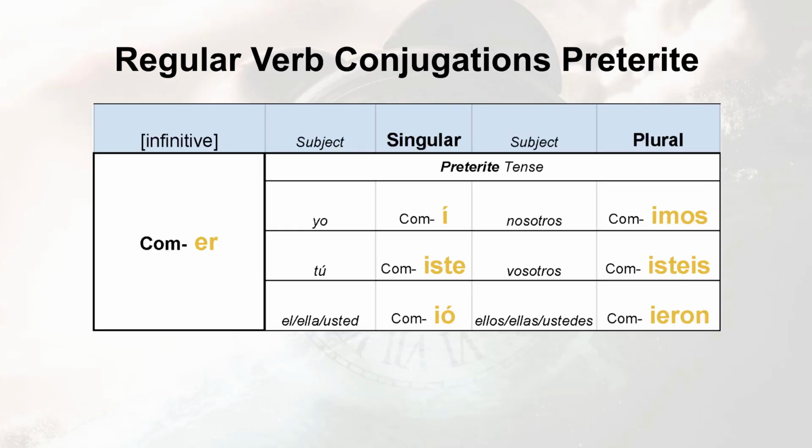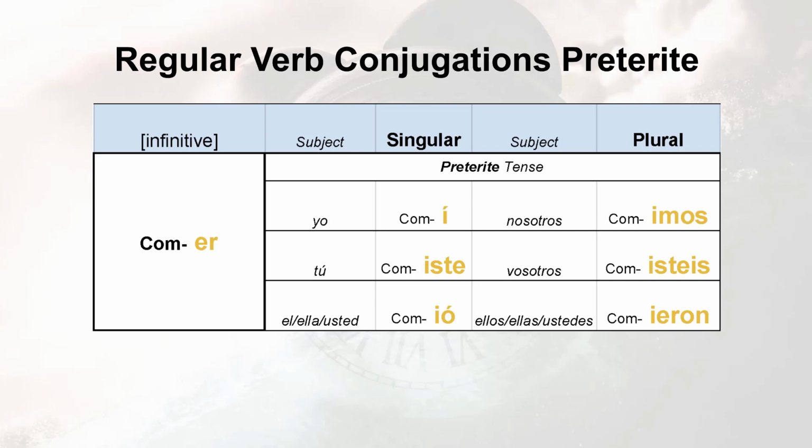Just like present tense verb conjugation, we're going to identify the root part of the verb, com, and conjugate the ending part of the verb, which is ER in the infinitive form of comer in this case. For the first person singular, we're going to add í with an acute accent: yo comí.